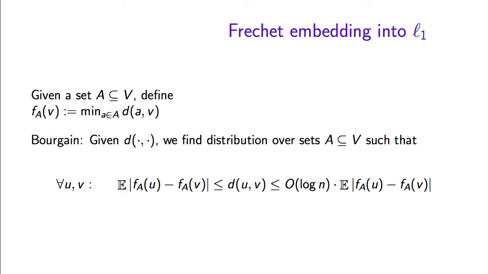And Bourgain's argument is that it's possible to find a distribution over sets such that up to an error of log n, the distance between 2 points are the expected differences between this function fA applied to u and the function fA applied to v.